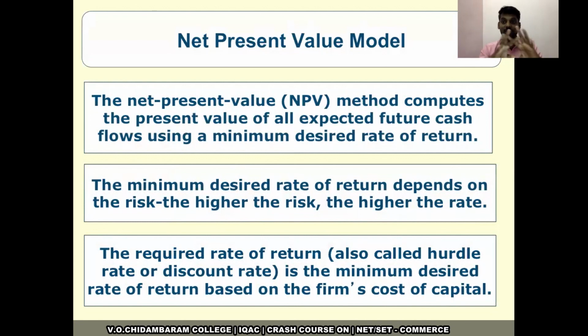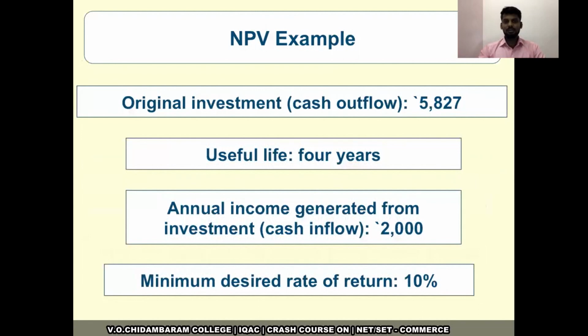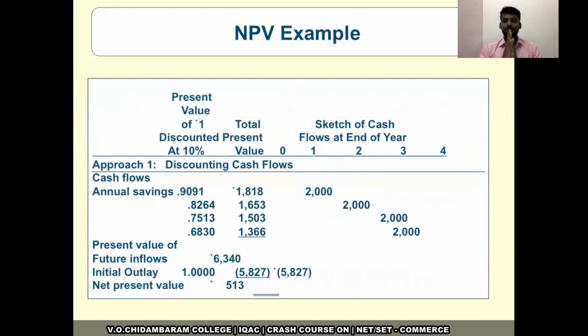So this is the minimum expected rate of return, 10%. Originally I invest 5,800, the investment is alive for 4 years, and it earns 2,000 rupees each year. Is it viable or not?